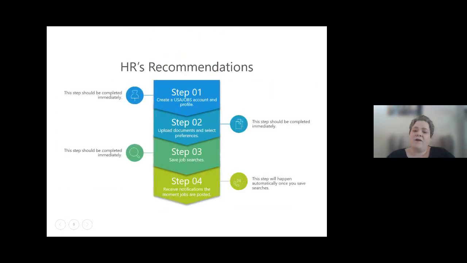So here are some of our recommendations to help make it easier to stay informed and prepare applications when jobs you might be interested in become available. You'll want to create your USA Jobs account and fill out your profile information immediately. Then you're going to upload your documents and select preferences immediately. Make sure that you keep all of that information up to date for the duration of your job search, just in case anything changes.